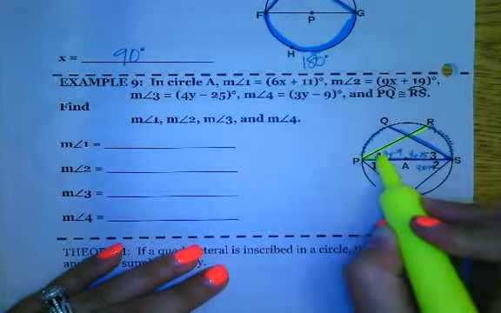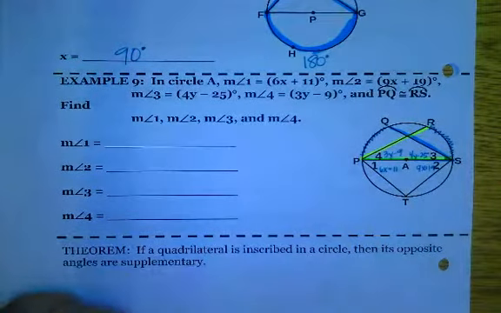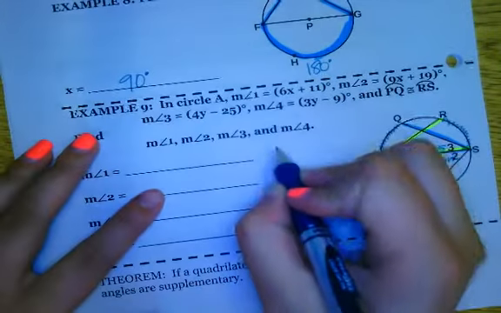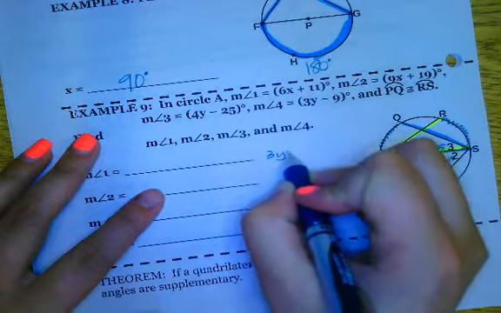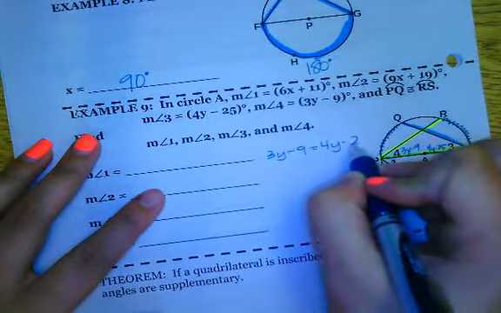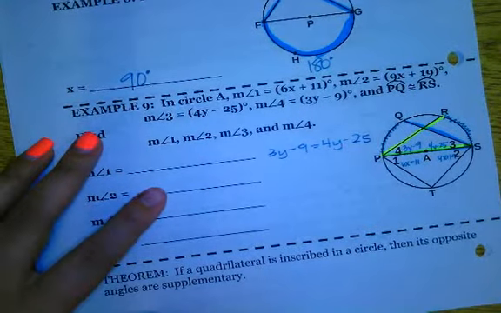Okay, so how can we solve for y? Set 3 and 4 equal to each other. So 3y minus 9 equals 4y minus 25. y equals 16.